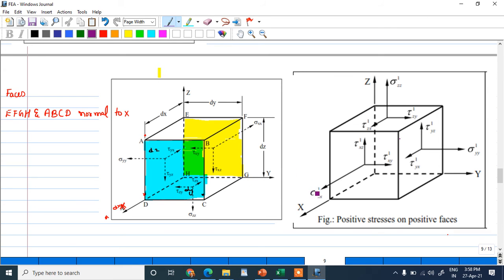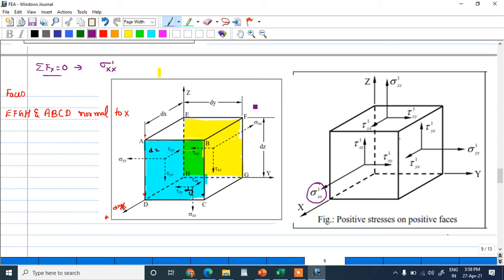Here it is very clear that I will write the summation of Fx equal to 0. I will try to notate the same here. You can see that we have sigma dash xx, that is in x direction. Let me represent that: sigma prime xx, that is done.